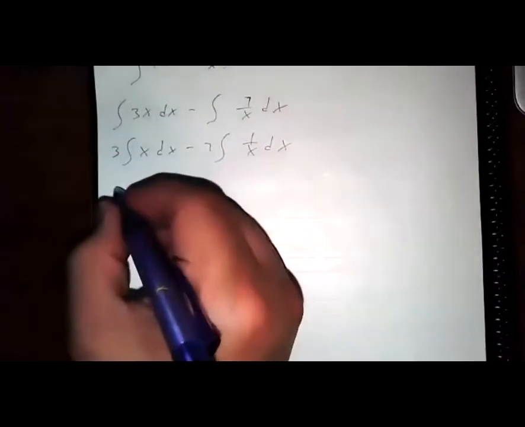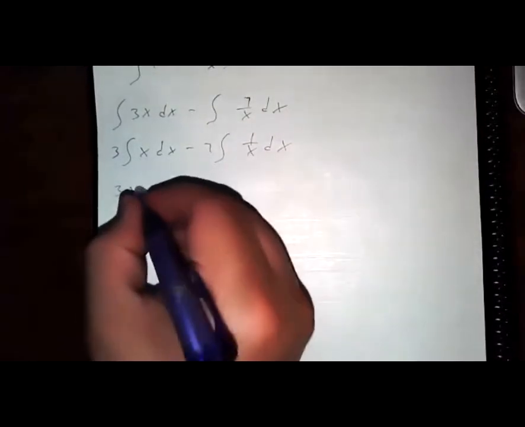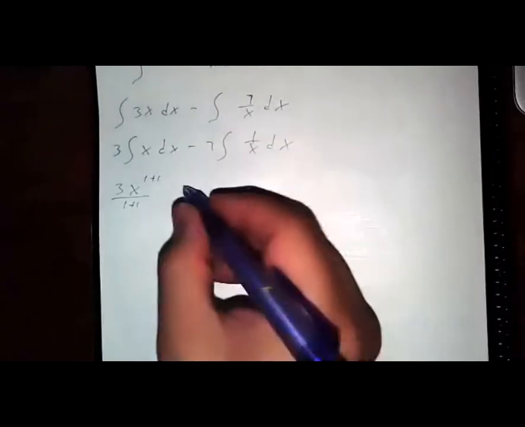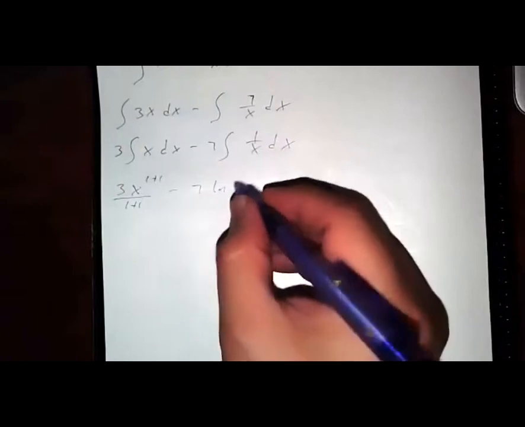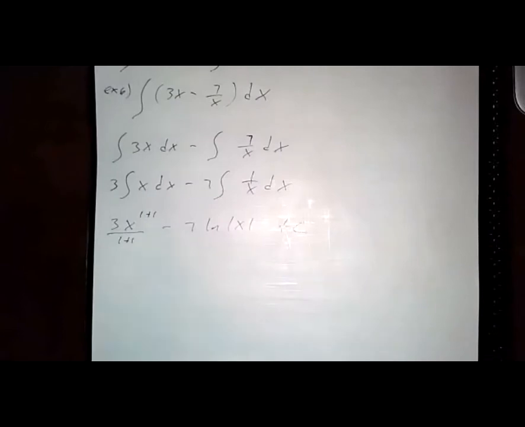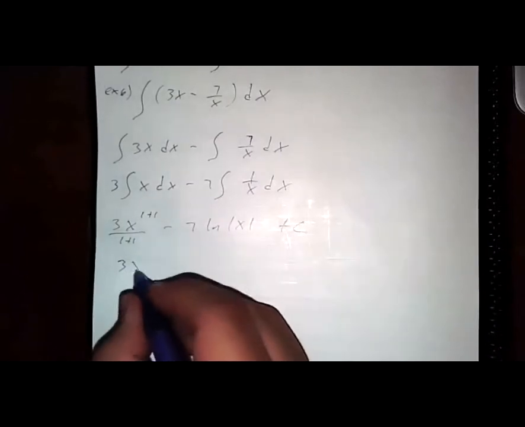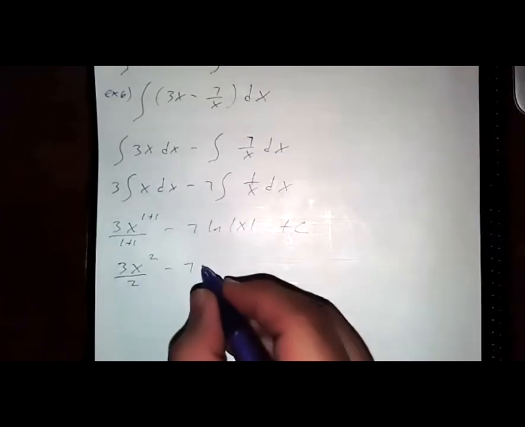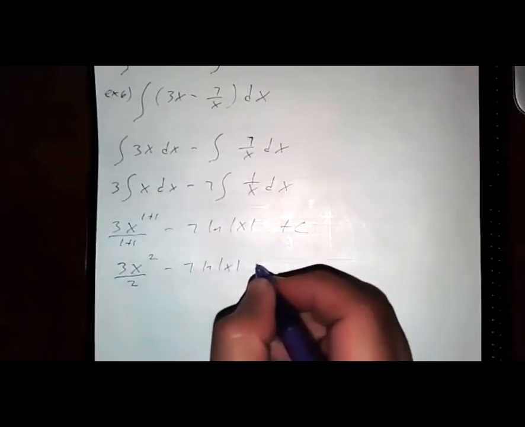Then begin the integration. So this would be 3x to the 1 plus 1 over 1 plus 1, minus 7 ln of the absolute value of x. So that's it. That'll be 3x squared over 2 minus 7 ln|x| plus c.